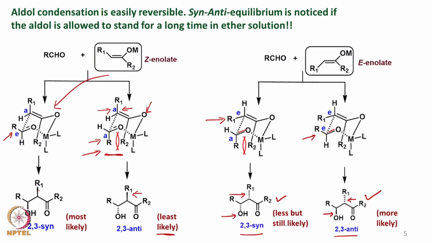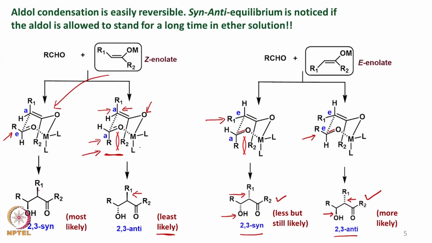Why do we say still likely? Because R1 group is in equatorial position, whereas in this case the R1 group is in the axial position. Therefore between the two of them, this one is a little bit more likely to be formed, but this one is less likely to be formed.